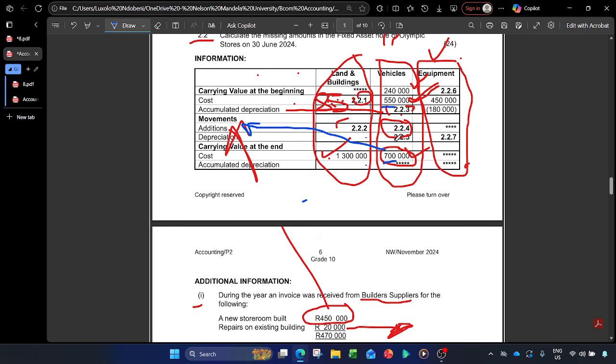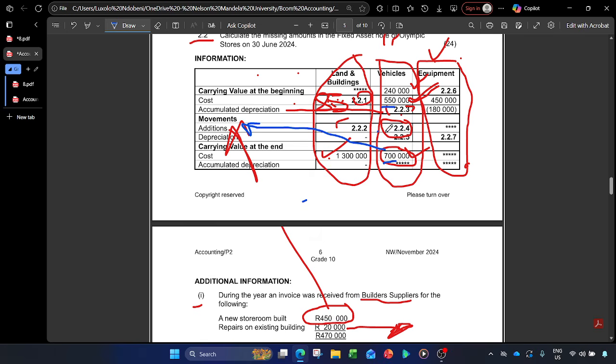I think they cover it in trade 11, that one for a sold asset. But now you can see there's an increase to 700,000 from 550,000. So if I ask you to calculate that addition, or that vehicle bought during the year, how can you calculate that? You already have the cost at the end, you have the cost at the beginning. Just take the difference, it will be the addition, right? As I said, when you are going up, you subtract what you added.